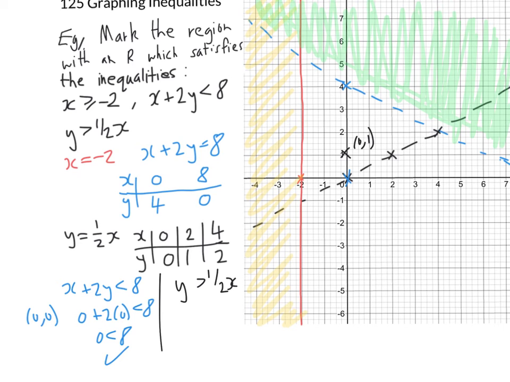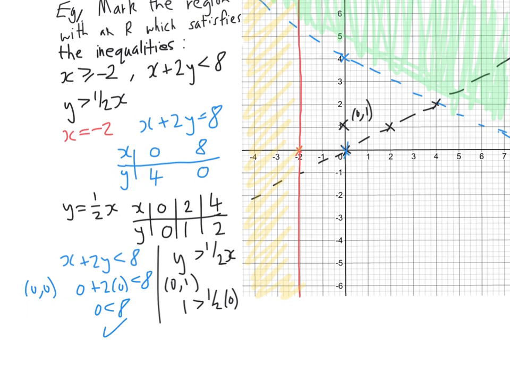Putting the point 0, 1 into that inequality, the y value is 1 and the x value is 0.